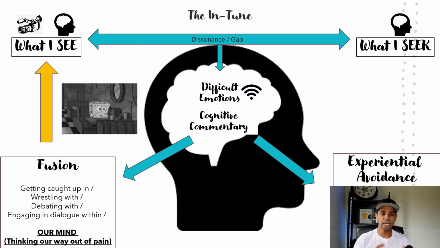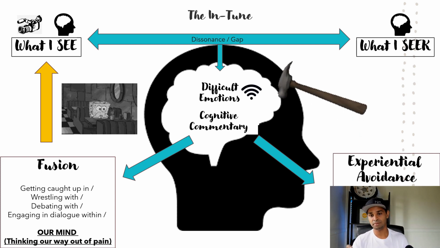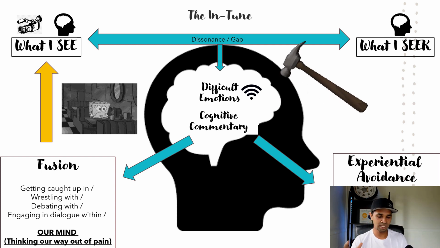Anyway, as a student, as some of you might know, you don't have a lot of financial backing, and so the petrol light was often on in my vehicle. Now if your petrol light was on and I said to you, don't worry, I've got this hammer, we can just smash that light, it won't be on. Yes, that will resolve the difficult emotion. Yes, that will eliminate the petrol light.